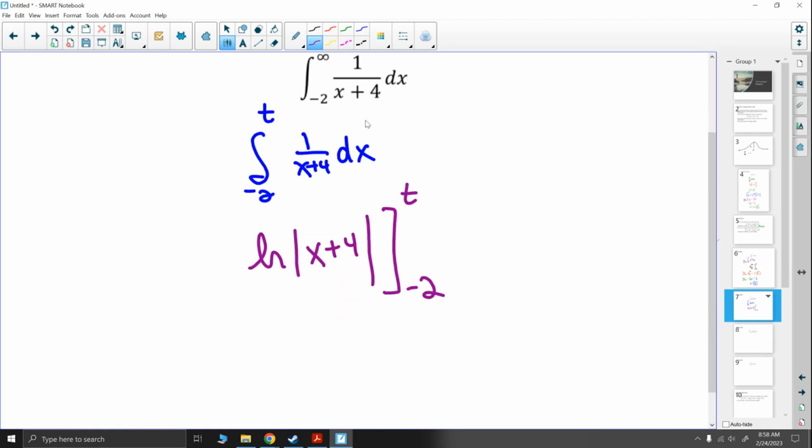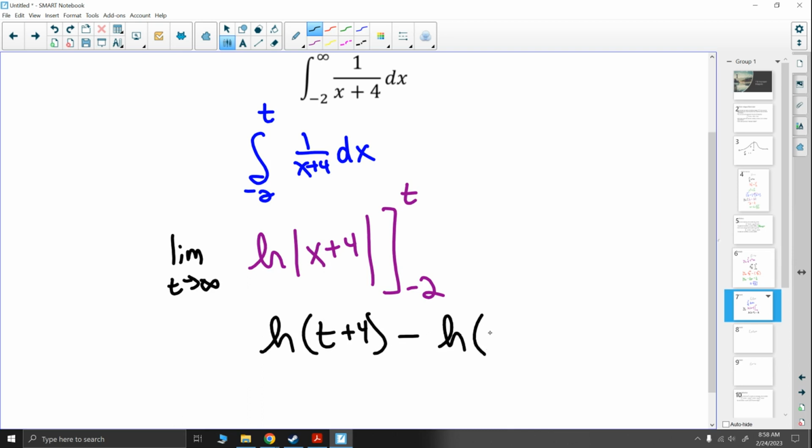Okay, so again, we're taking the limit as t approaches infinity of this thing. So that is to say, natural log of t, I'm dropping the absolute values because they're not necessary, as mentioned, minus the natural log of negative 2 plus 4.